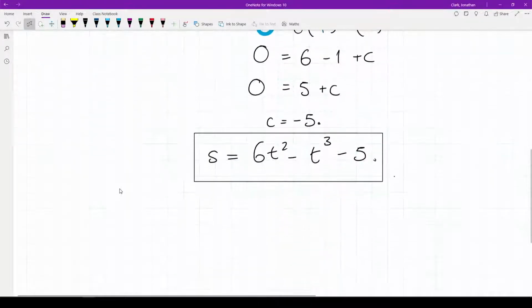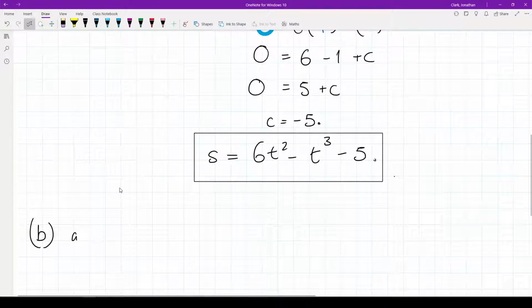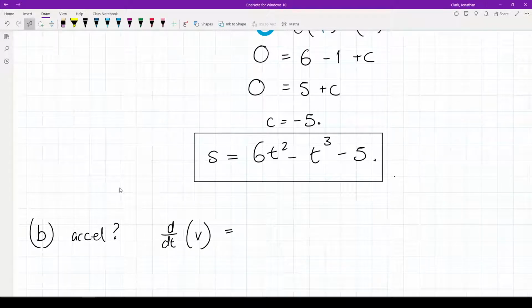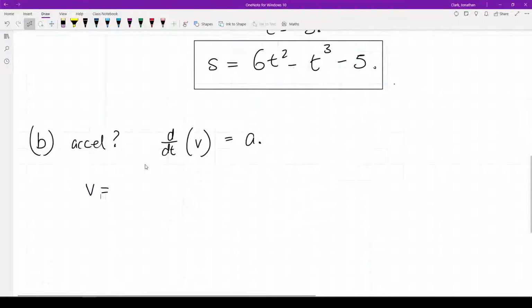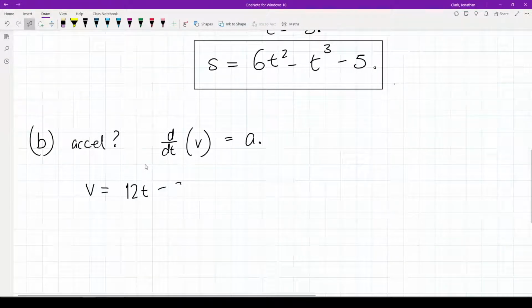Let's write that a little bit below. The acceleration, I find that by differentiating the velocity equation. So I'll write down the velocity again, which was 12t minus 3t squared.